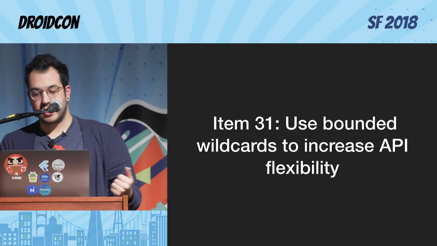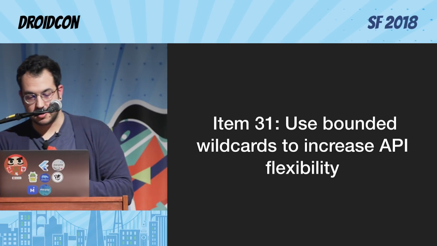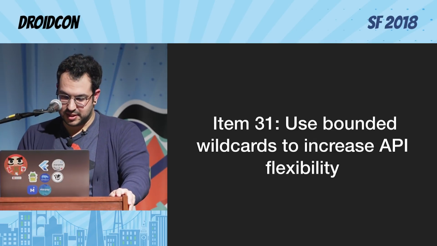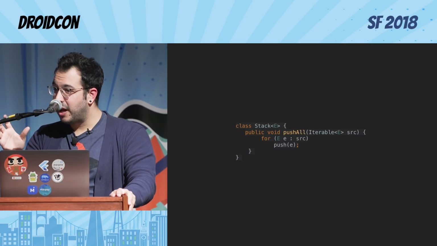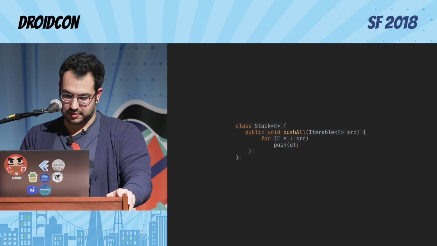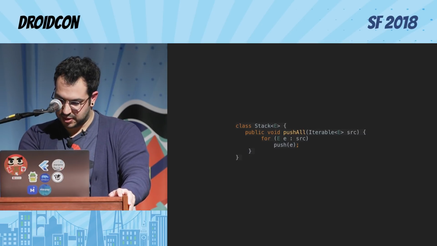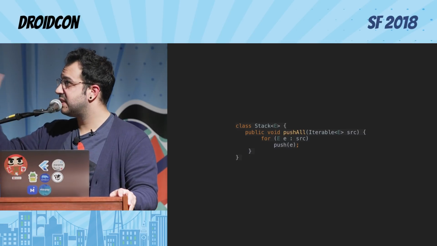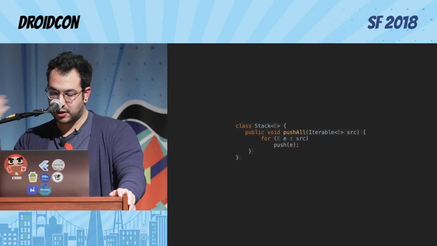Then this is item 31, which is a really difficult one: use bounded wildcards to increase API flexibility. The fact that it's a wild thing, this is difficult for me. It's like, wow, so wild. Anyway, let's talk about this. Let's get this straight. Effective Java has this example, a Stack of E, right?